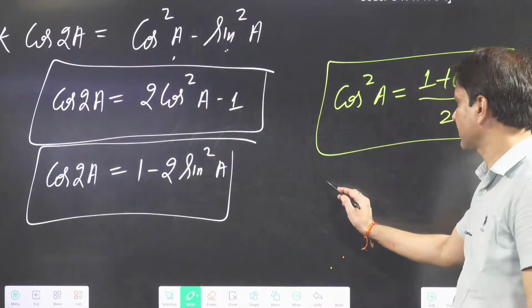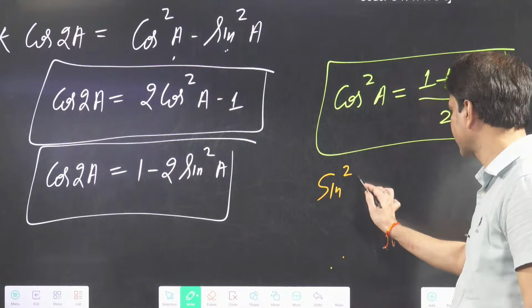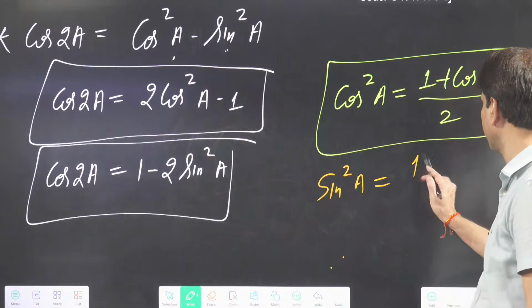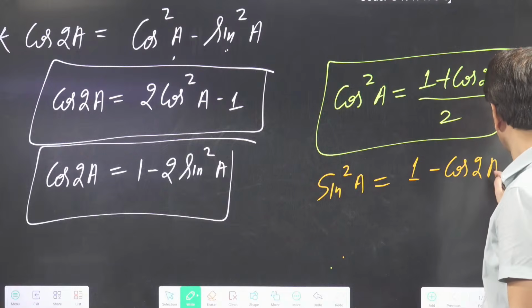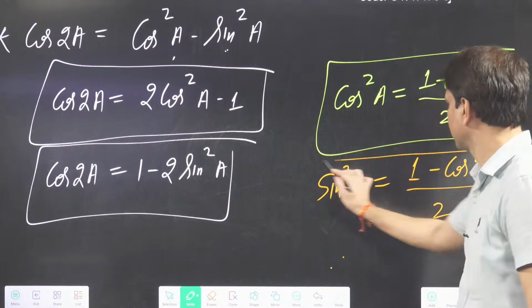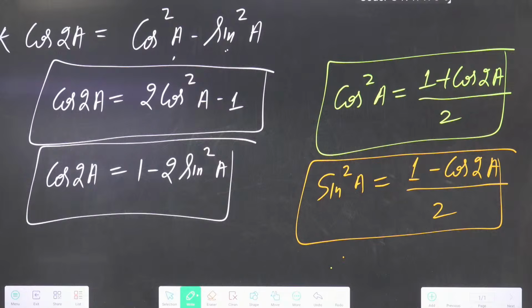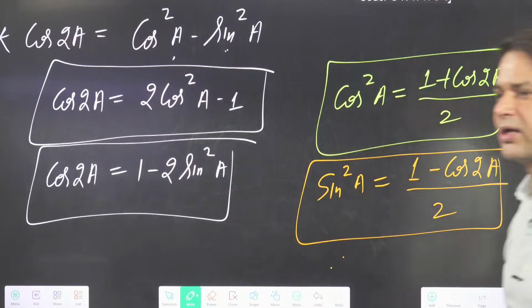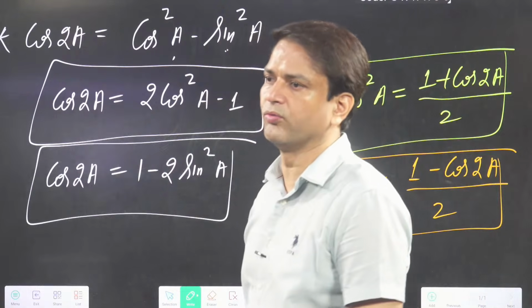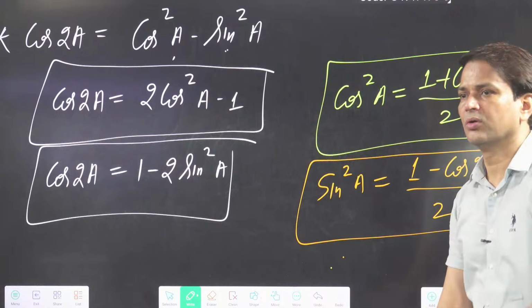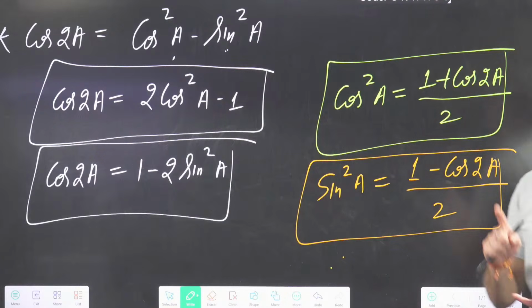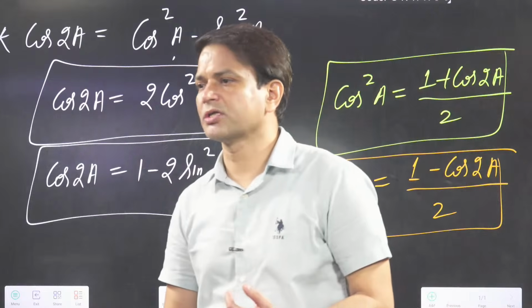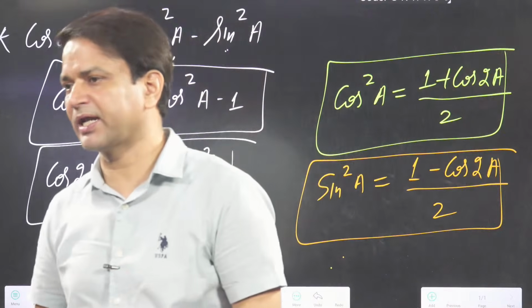And similarly sin square A will be equal to 1 minus cos 2A by 2. You can check from there. Sin square A is 1 minus cos 2A by 2. So sin(A plus B) is sin A cos B plus cos A sin B, and sin(A minus B) has a minus sign in between.